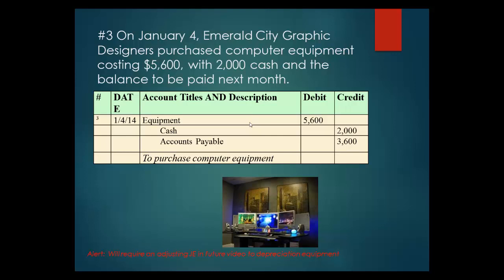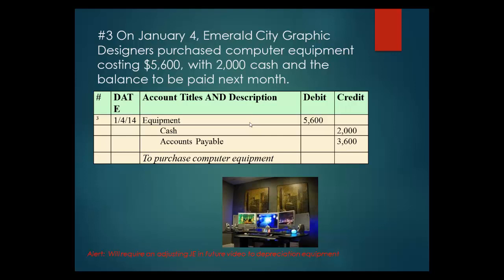The book is very specific. Sometimes it will say computer equipment or office equipment, and I'm fine with just the word equipment at this point in your studies. So debit equipment, increase that account. Credit cash, we decreased cash for $2,000. Credit accounts payable, we increased accounts payable by $3,600.